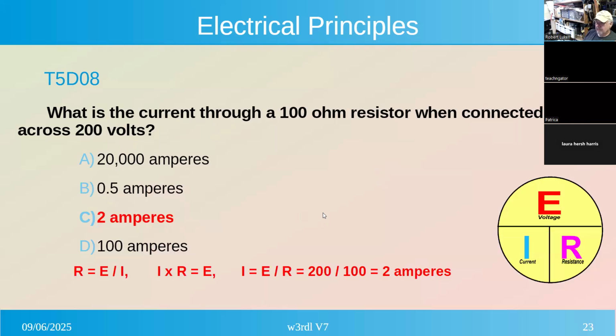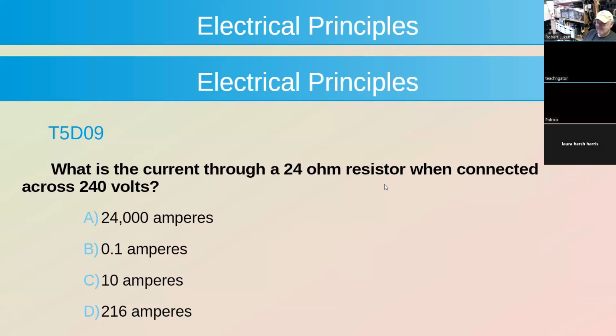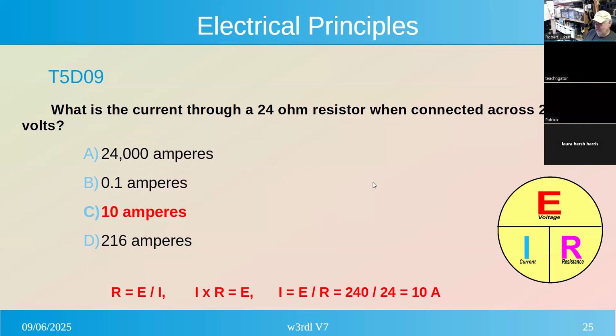Charlie. What's the current through a 24 ohm resistor when connected across 240 volts? Another Charlie.